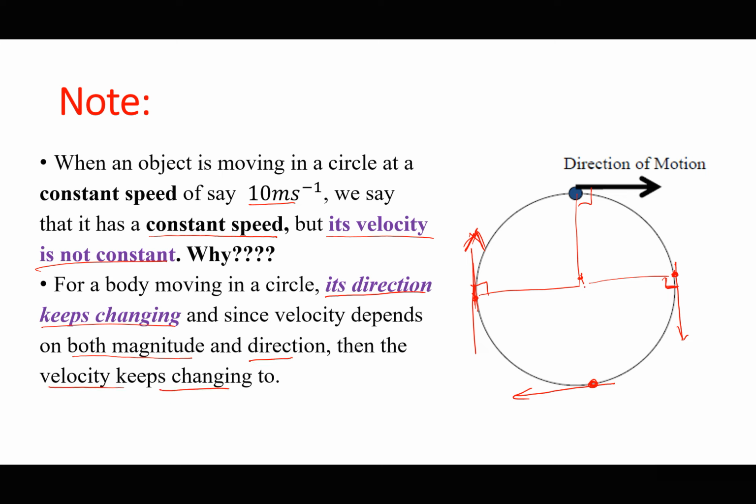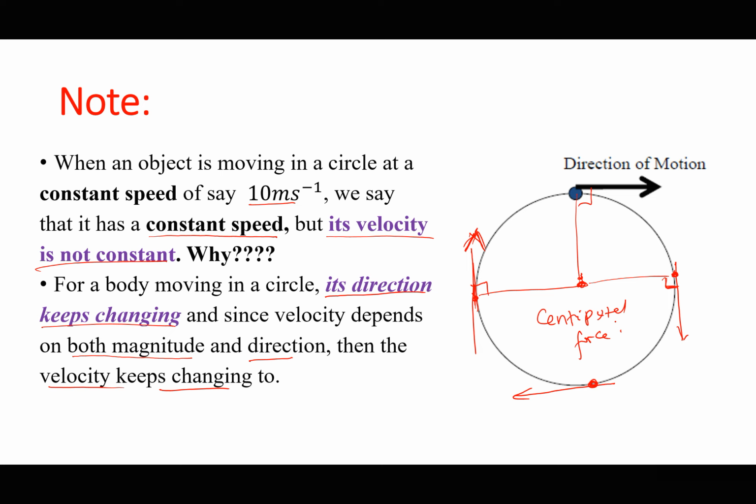That's why we say this body has an acceleration, which you may call the centripetal acceleration, because there's a force which continues keeping the object moving in a circle, which you may call the centripetal force.